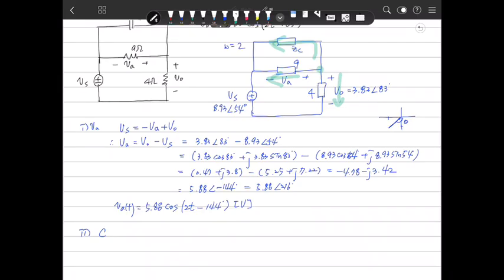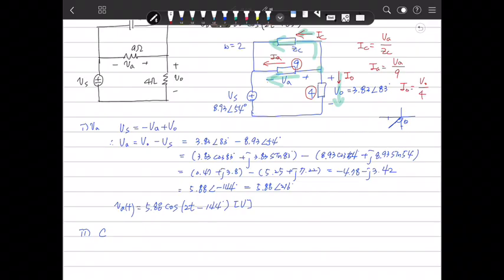So now what is the current? We define this as IC, this current is IA, and this current is IO. Then what is IC? Because that voltage is VA, IC is VA over ZC, and IA is VA over 9, because this is 9 ohm, and IO is VO divided by 4.